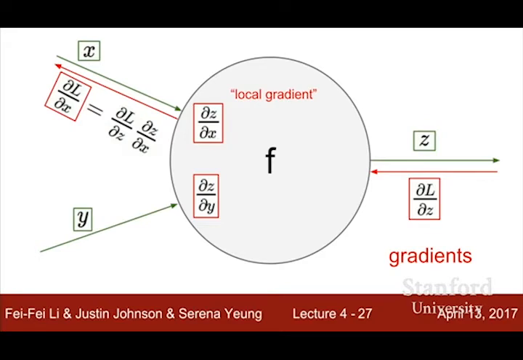So what you could do is you could recursively plug in all of these expressions, right? Gradient of z with respect to x is going to be a simple expression, right? So in this case, if we have a multiplication node, gradient of z with respect to x is just going to be y, right? We know that. But the gradient of L with respect to z is probably a complex part of the graph in itself, right?